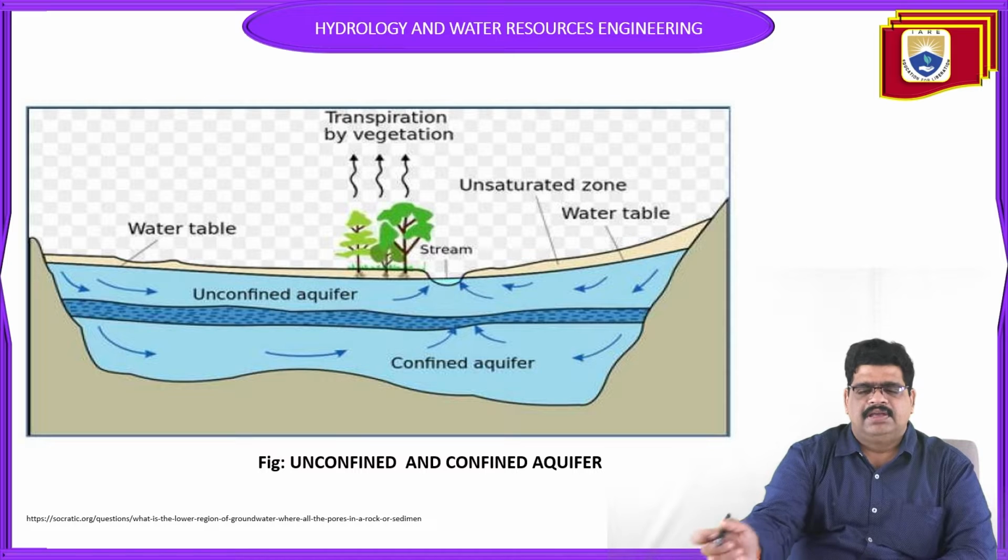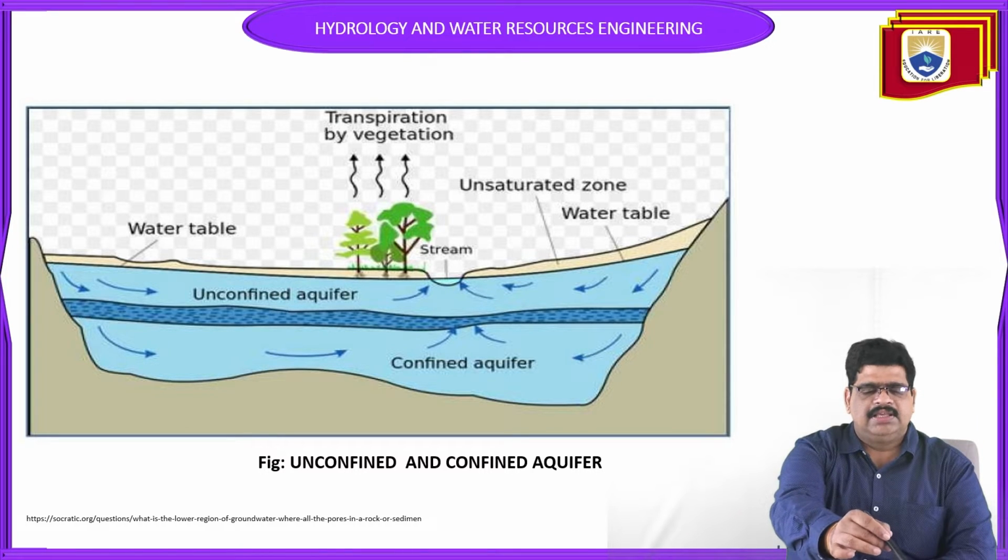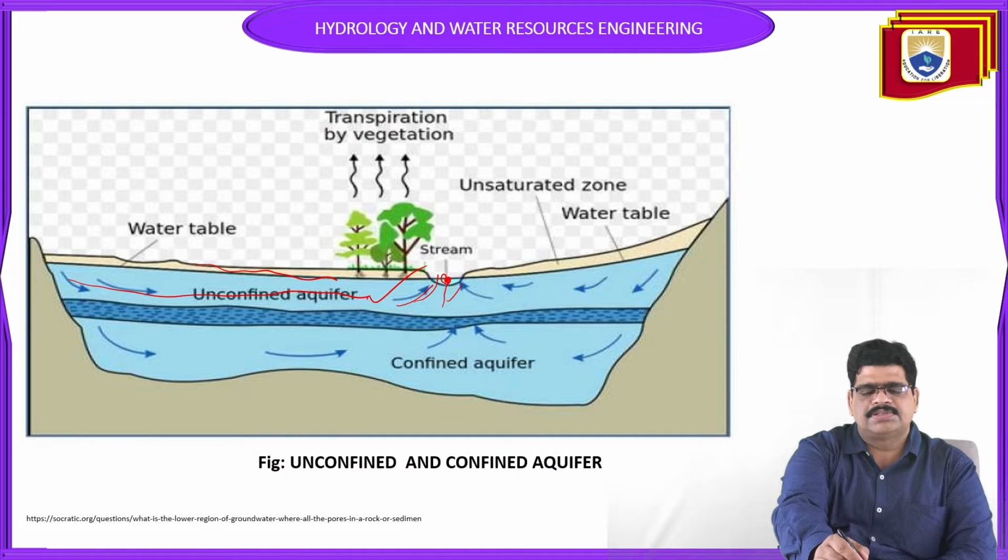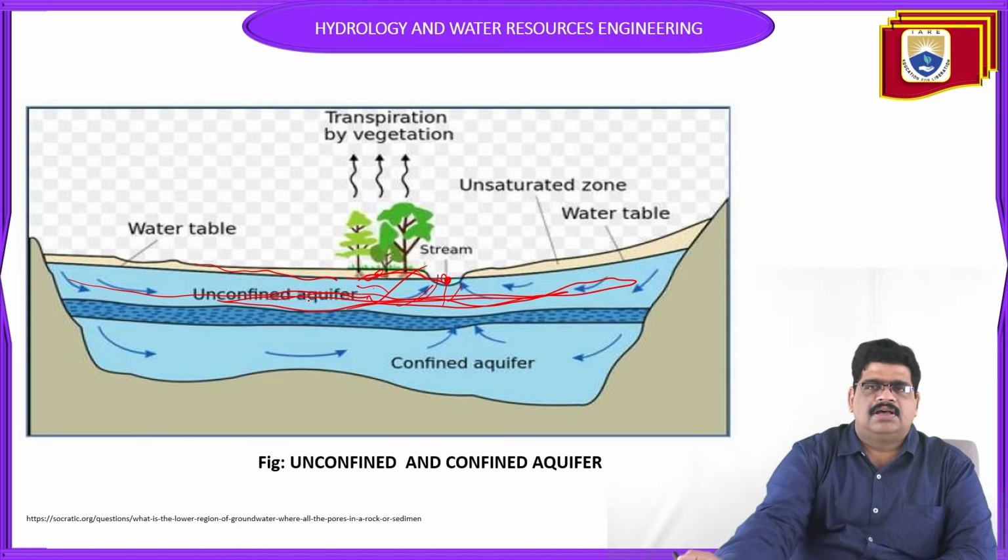As we discussed previously, the unconfined aquifer gets water by capillary action, nearer to the water table and downward, and then the confined aquifer. These are the streams, from which plants can take up the water.